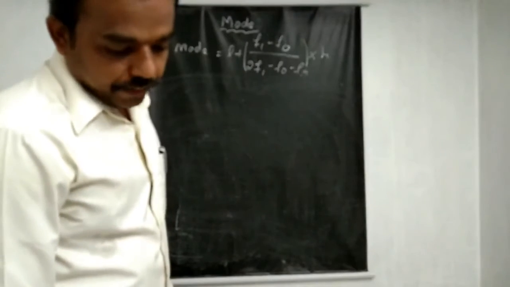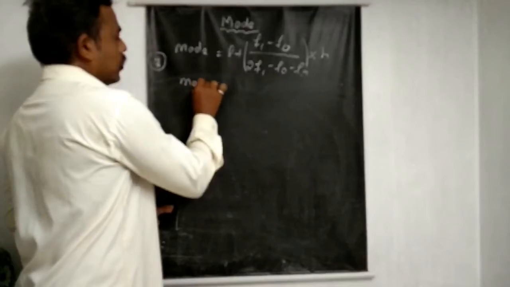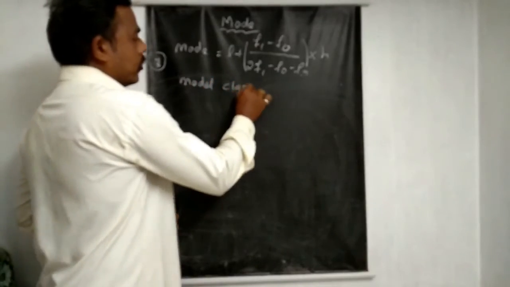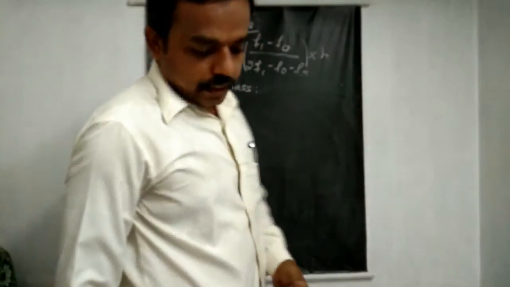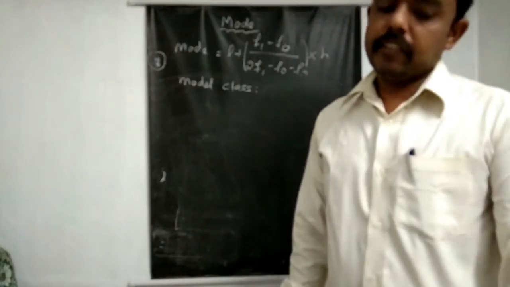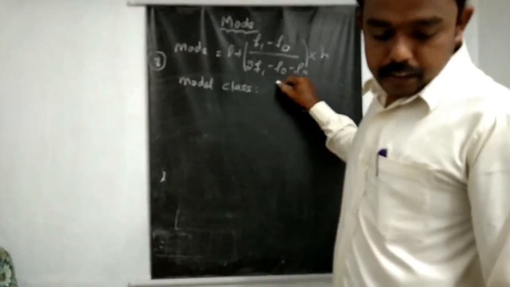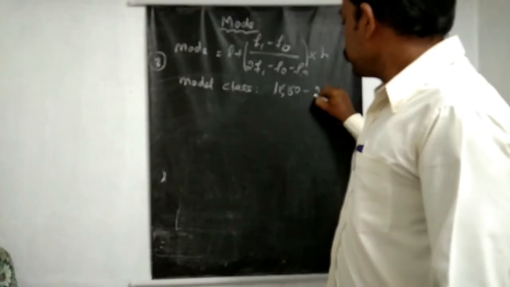We identify the modal class. Here frequencies are given 24, 40, 33, 28 like that, and the biggest is 40. So the modal class here is 1500 to 2000.